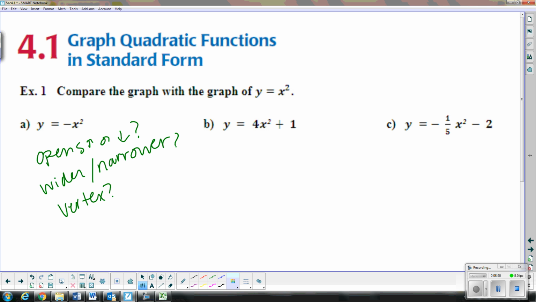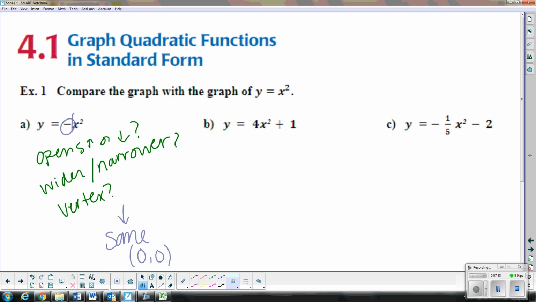For the first one, y equals negative x squared, this a is negative, so it's going to open down. The a is 1, so it's negative 1. So it's not going to be wider or narrower, it's going to be the same. And lastly, the vertex is 0, 0.